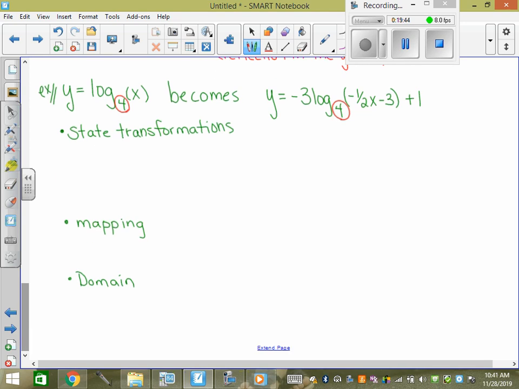Fourth thing, range. Then I want asymptote. And I want x-intercept. y-intercept.